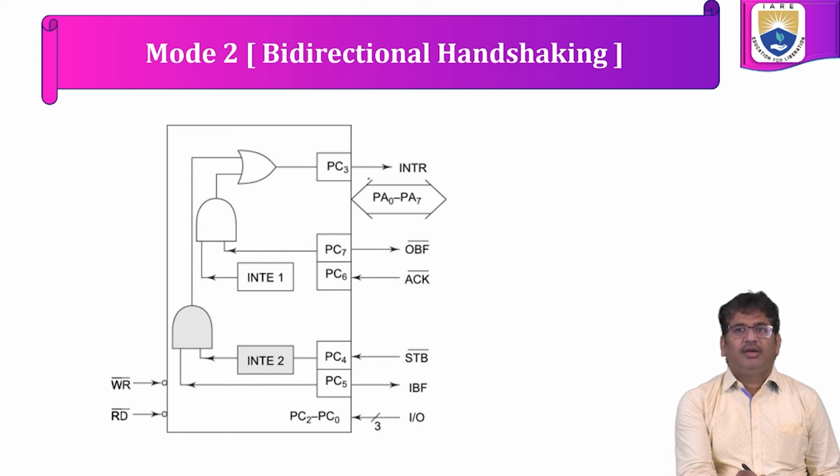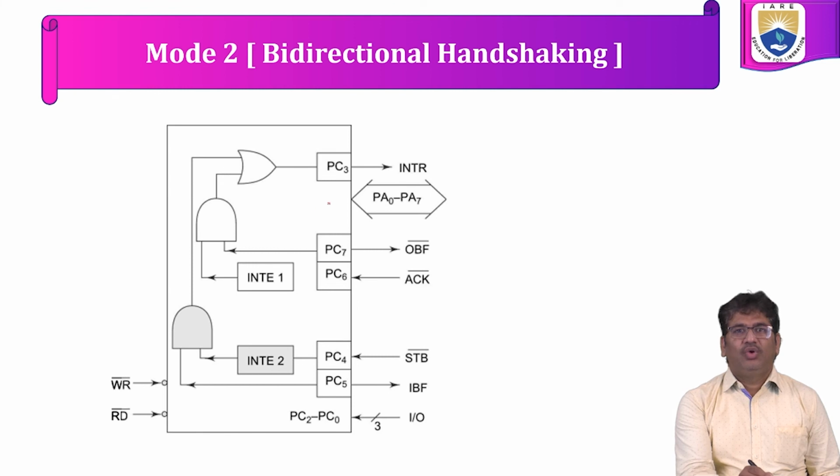When the processor wants to send some data to the output device, that is the output port, first the 8255 will give an interrupt signal to the processor indicating the 8255 is ready for output operation. Then the processor will generate the write operation. Then the data will be loaded into the port A latch.